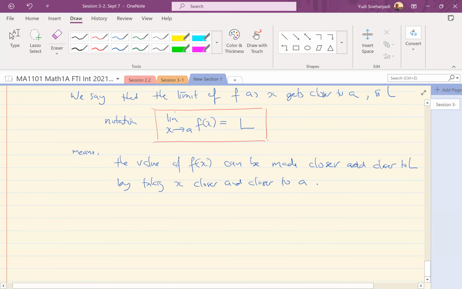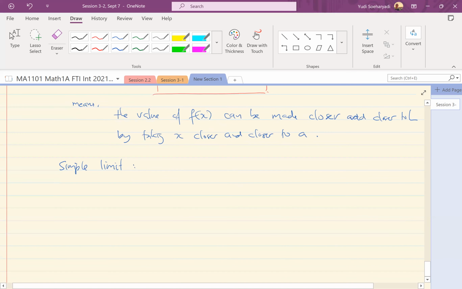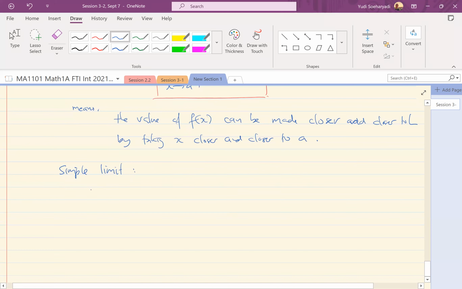All right. Let's do some simple things. So let's see. Simple limit if x goes to a, this is a, say, 10 or 9.